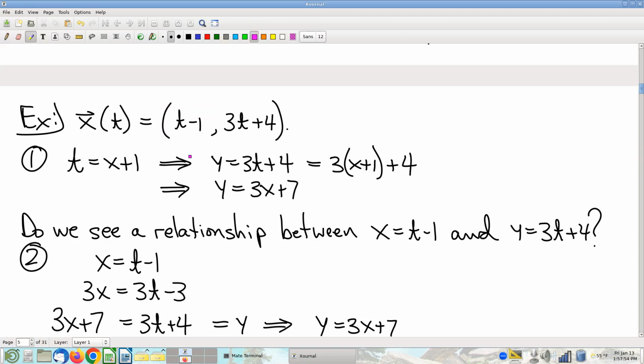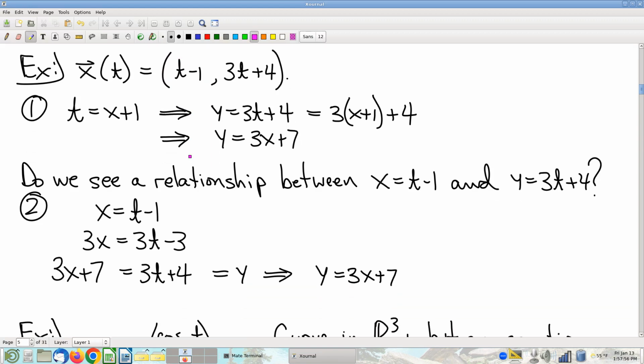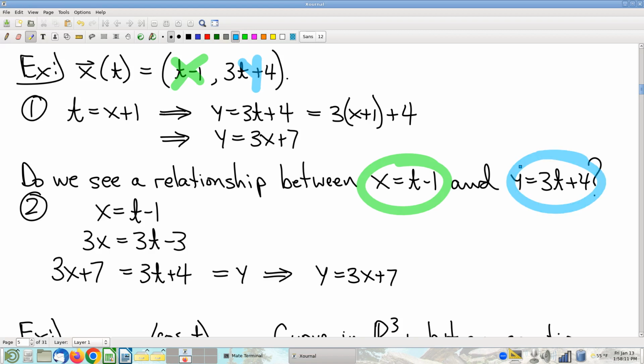All right. Okay, here's another method that you can use, and that is to look for a relationship between x and y. So in particular, don't forget that's x, that's y. So looking at your formula for x, looking at your formula for y, do they kind of look alike? Do I see any clear, easy connections between them?